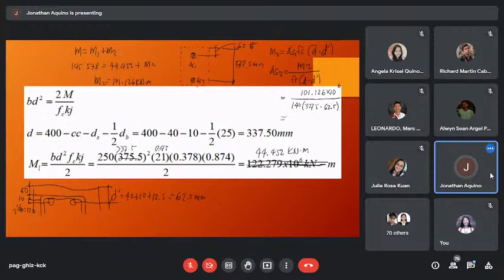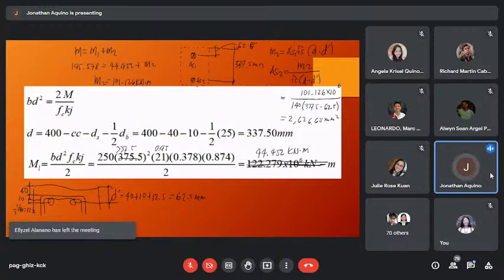So this will give an As value of 2,626.65 millimeter squared.